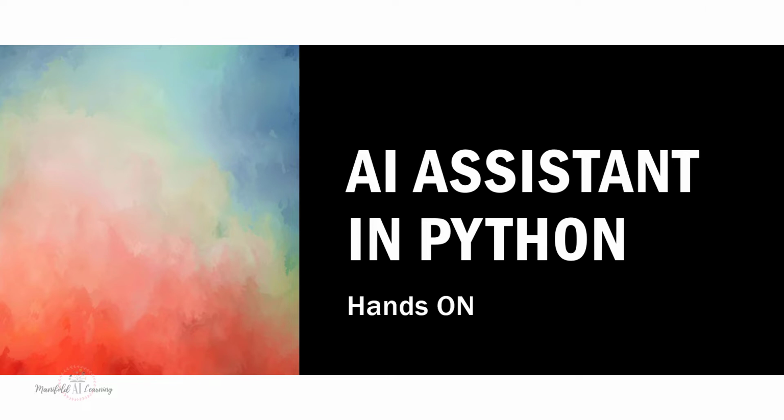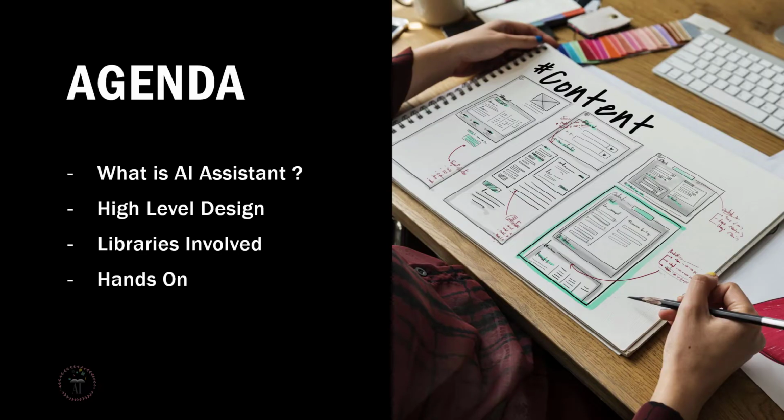So as we proceed in today's video, you'll understand what exactly this AI assistant is and the high level design of this AI assistant. We'll also look into the various libraries involved. Finally, we are going to implement it in a hands-on manner using the Python programming language.